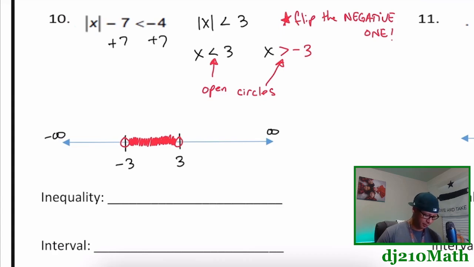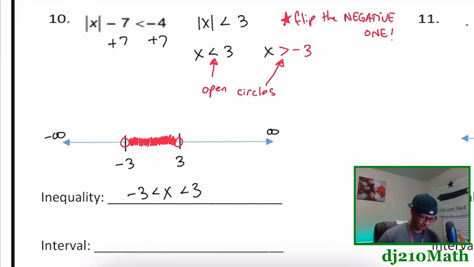Now that we have our graph, the inequality and interval notation are fairly simple. So when it's shaded in between the circles, you take just the numbers and you put x in between with the appropriate symbol, right? Less than.